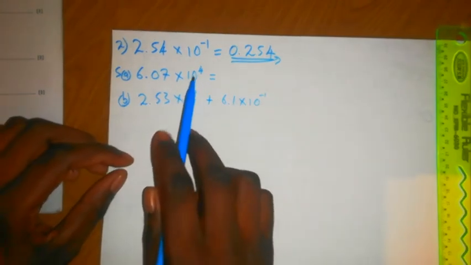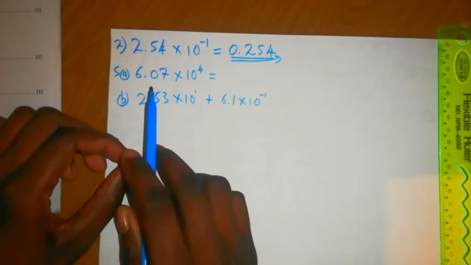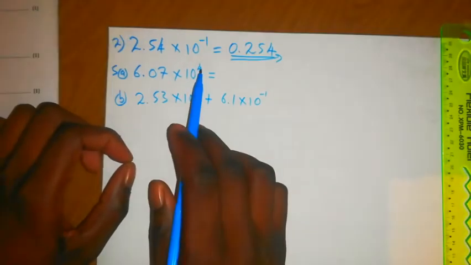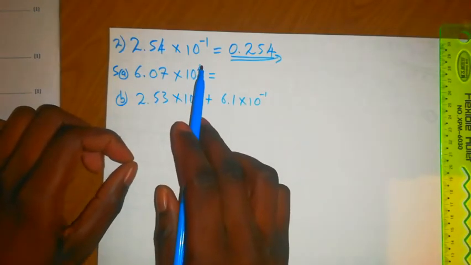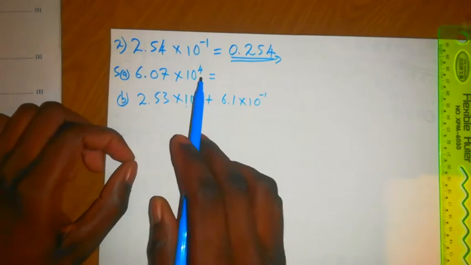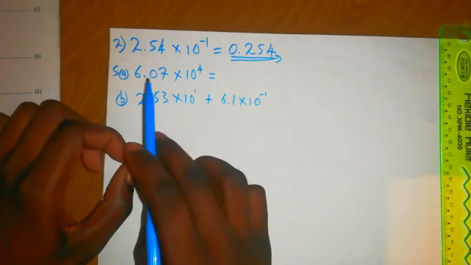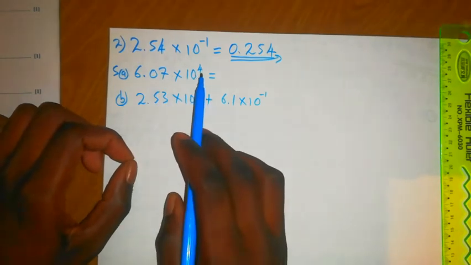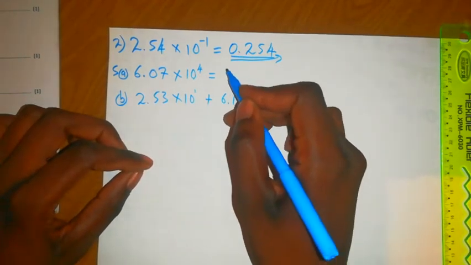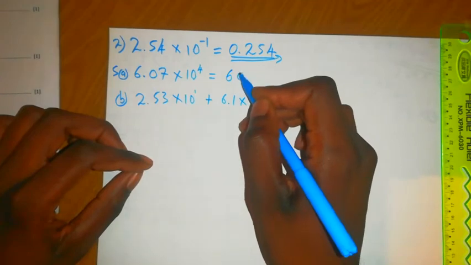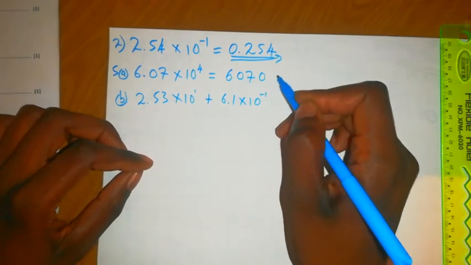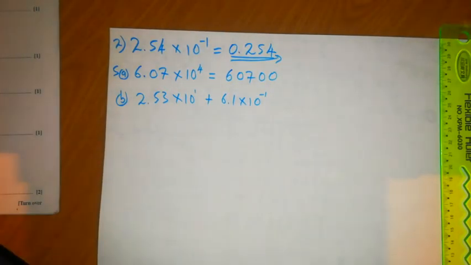In this case, we want to convert this number into its ordinary form. So our comma is supposed to move 4 times. This is the same as 6.07 times 10,000. So we're going to obtain 607 and 2 zeros. That is our answer.